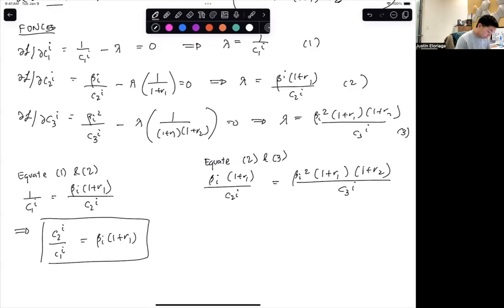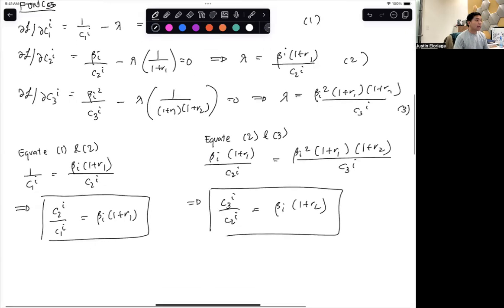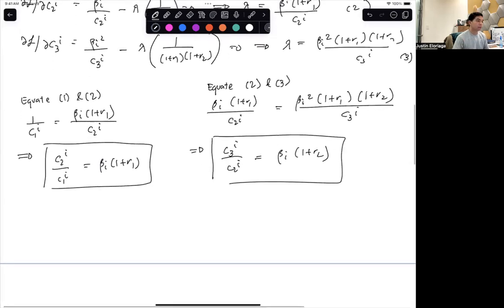If I solve for C3i divided by C2i, that will be equal to beta i (1 plus R2). This is the second equation I wanted. So I'll have those two equations with me now. I can actually do something with that.